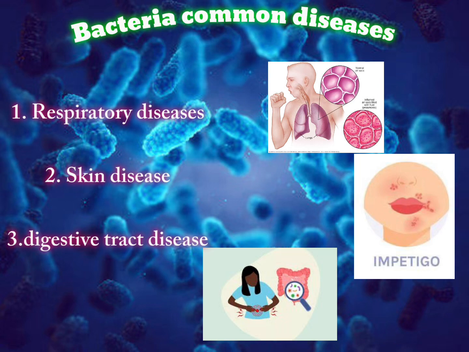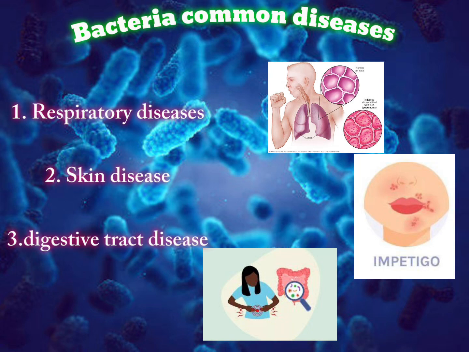And now we will talk about bacteria common diseases. The first one is the respiratory diseases, like pneumonia, like the Streptococcus pneumoniae, and it leads to fever, cough with mucus, chest pain, and also difficulty breathing. And number 2 is a skin disease.